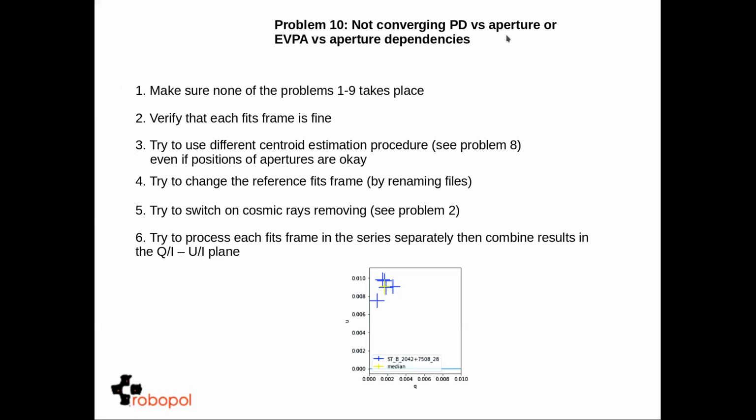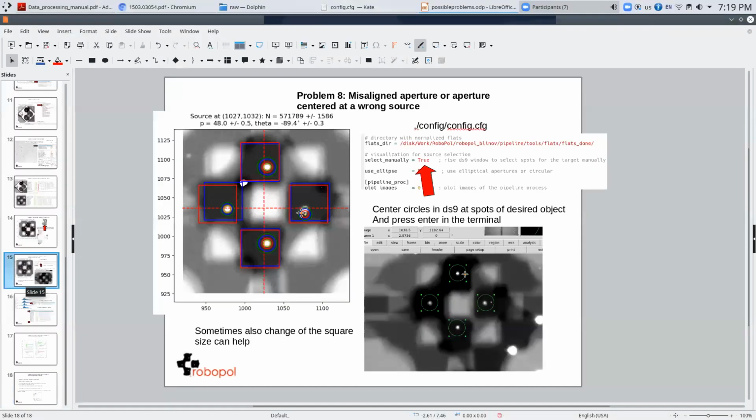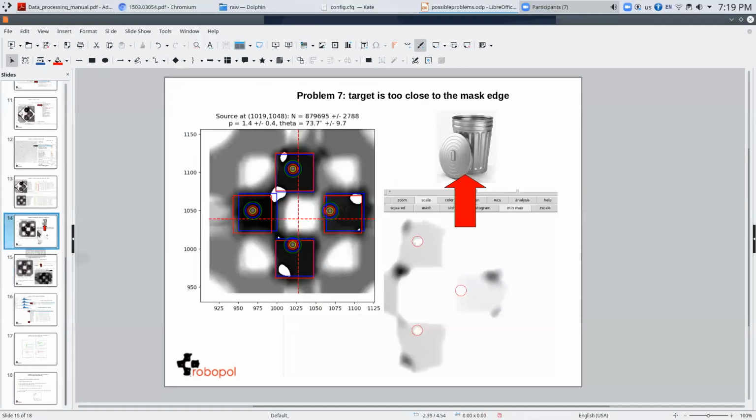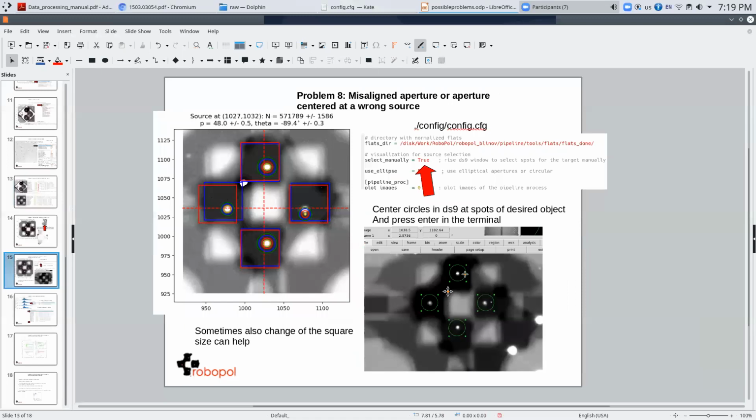Okay, option number 3, you can try to use different methods to estimate these centroid positions that we were just discussing before. So even if you don't have this kind of situation, even if everything looks fine, like here, for example, you can still try to choose the background spots manually, as I was showing you just a few minutes ago, because still these are two independent methods, and they find slightly different centroid positions for each spot.